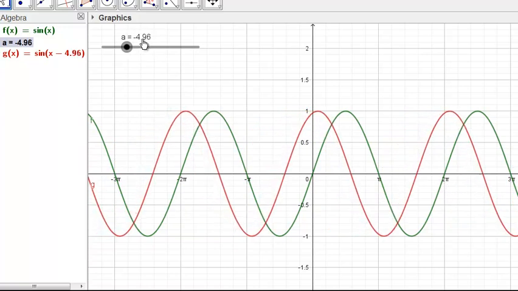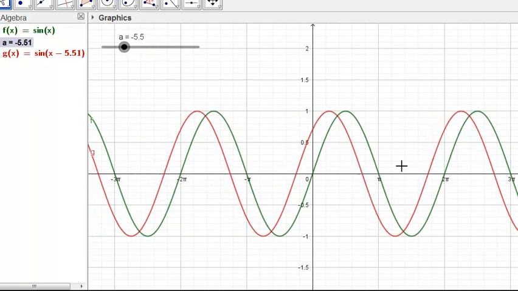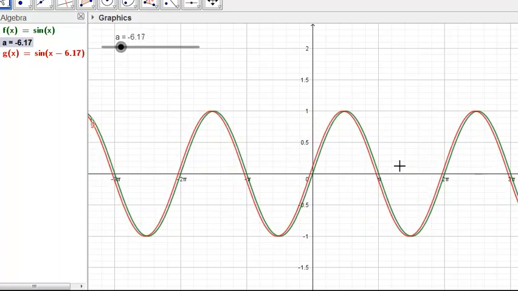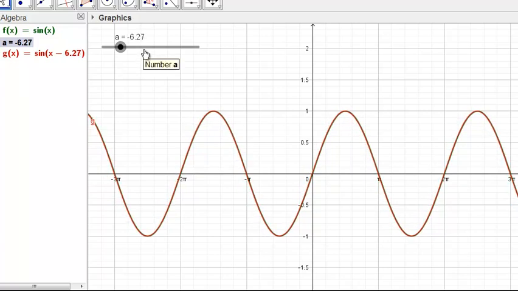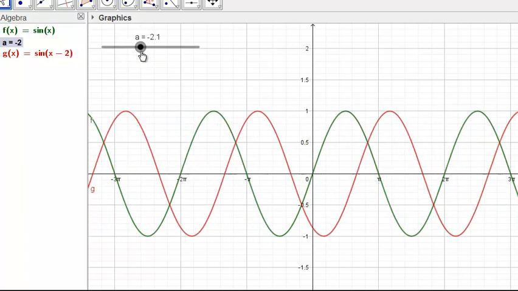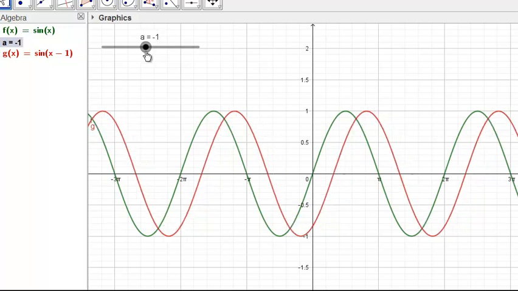Notice this number is approaching minus 6.28. Notice, so almost there. So you can focus here or here. Notice, overlap again. So obviously then, the period of a sine function is 2 pi or 360 degrees.